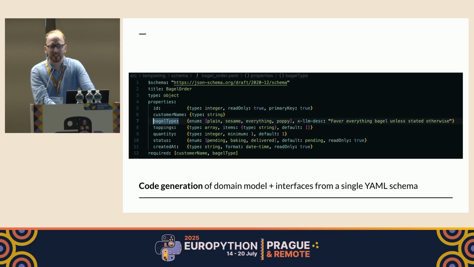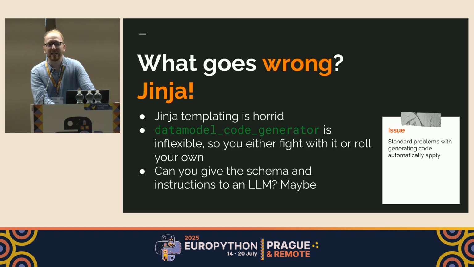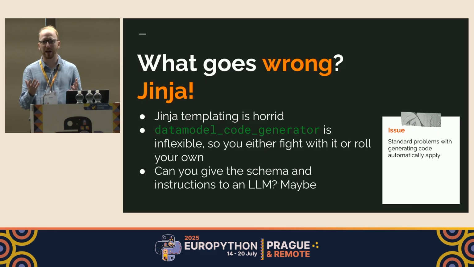So what's the pain? The pain is Jinja and the fact that you have to template everything separately. There's a library called Data Model Code Generator, which is amazing for what it does. The library helps you make base classes for Pydantic 1 and 2. It helps you make data classes.